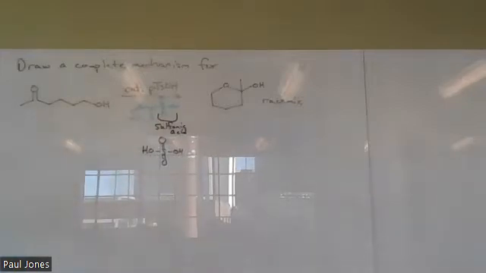The other thing I want to make sure of: if you're going to use an acid, and if you're going to protonate something in a solution, the thing that's going to supply the proton is the strongest acid.